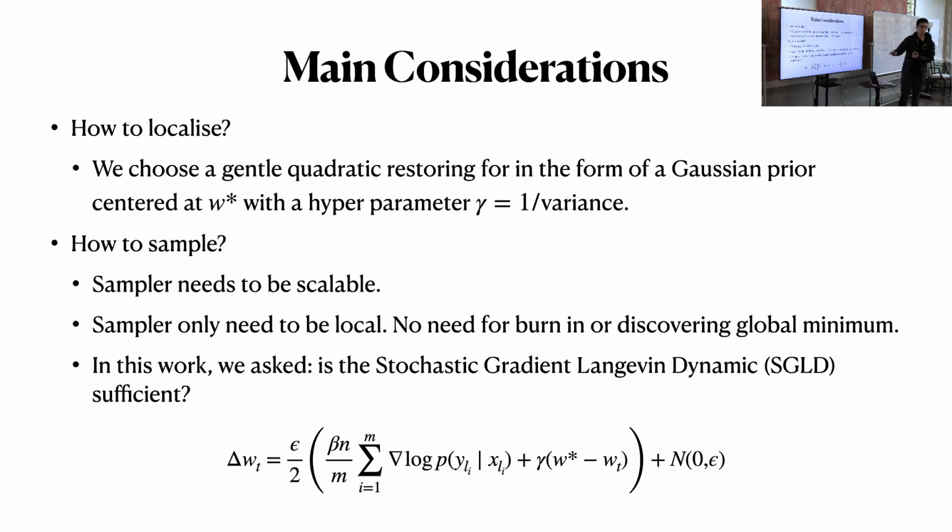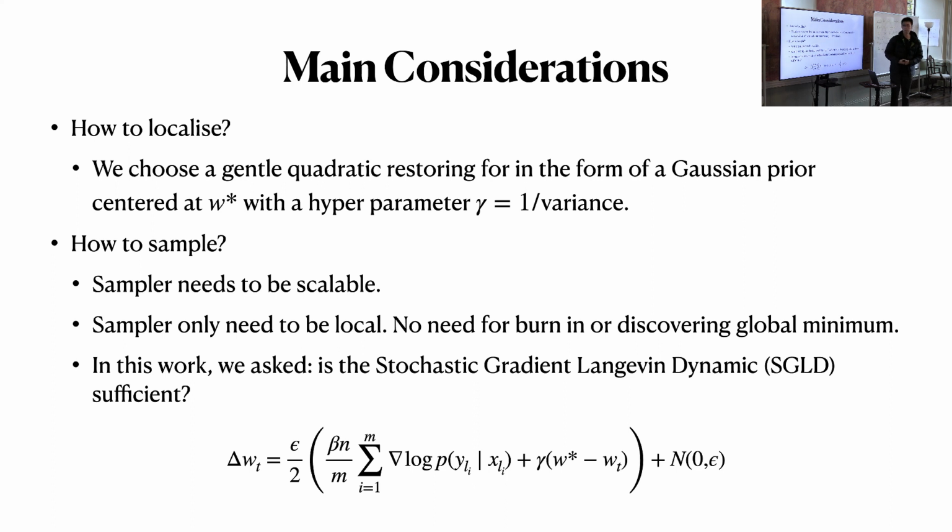And then there is the question of how to sample. So there are these two big considerations that we can innovate on. But here, there are some requirements for the sampler: it should be scalable, because we want to apply it to large models. But the sampler only needs to be local.